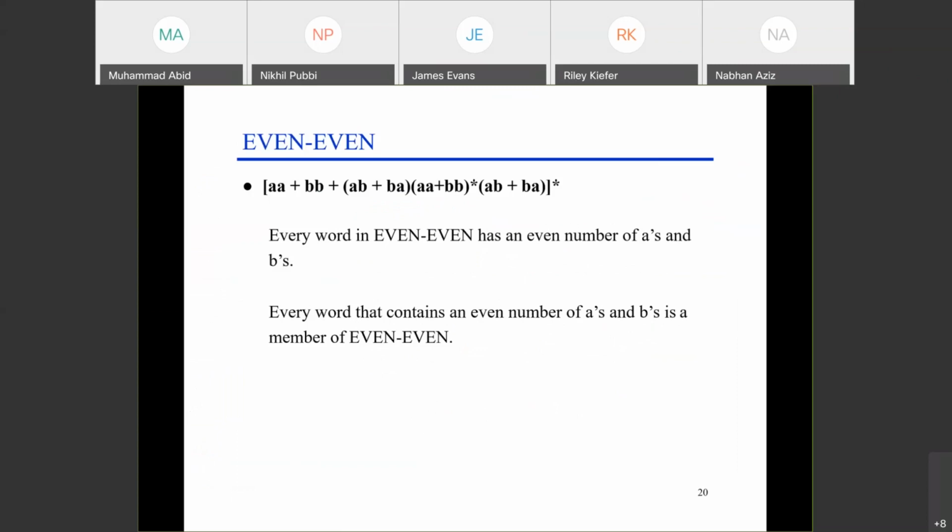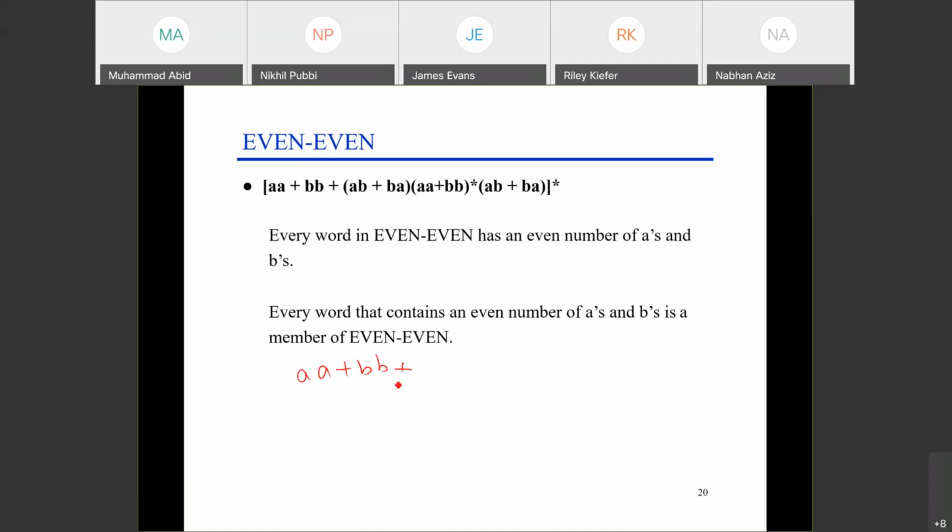When we say even, it means either 2, 4, 6, something like that. So now we have two A's or we have two B's. This is even. But this gives you a restriction that you will have only A's and B's. What if we have a word which is a combination of A and B?